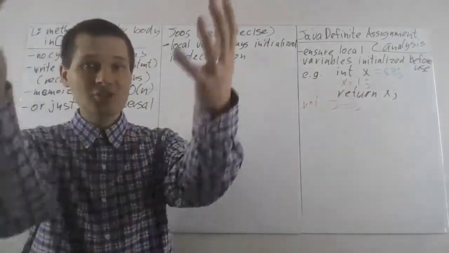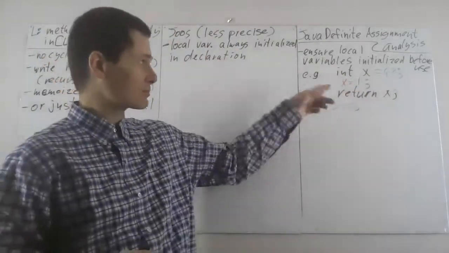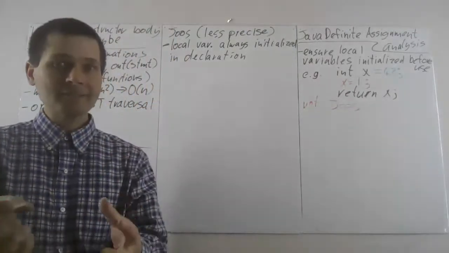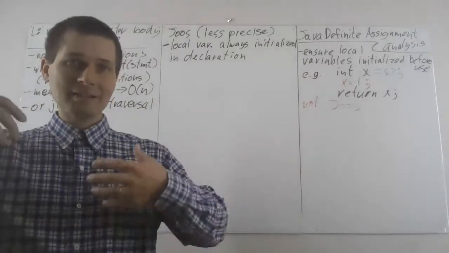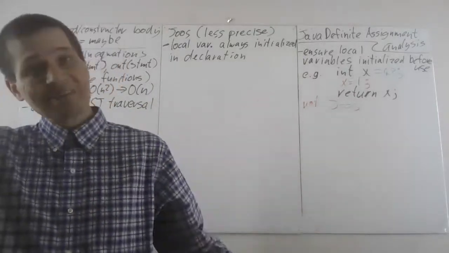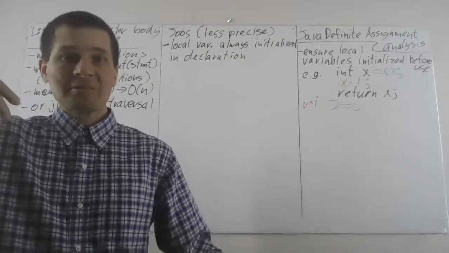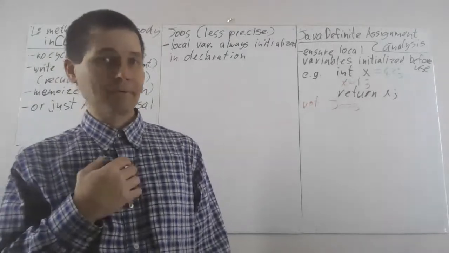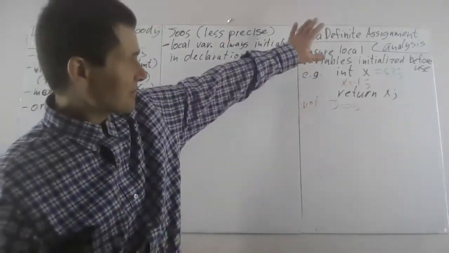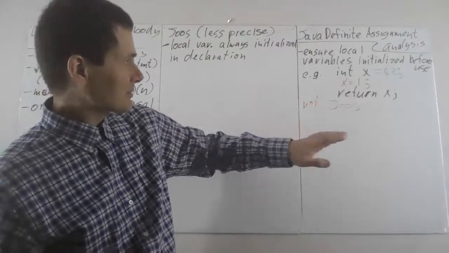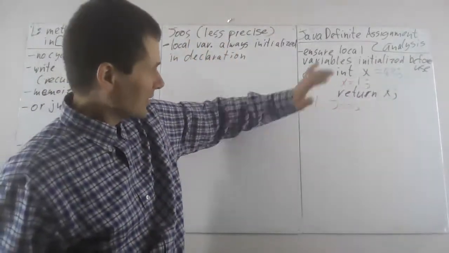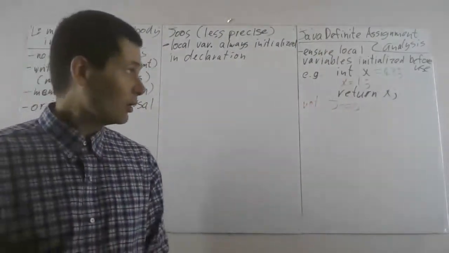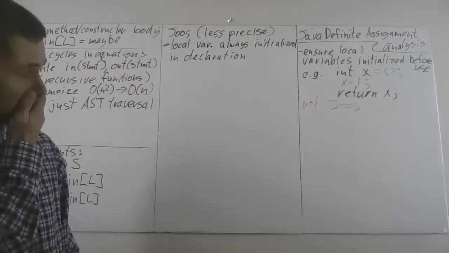And the Java analysis can figure out that this program is safe, whereas the JUICE analysis says maybe. It says it could be safe, but I'm not sure, so I'm going to reject it to be on the safe side. So JUICE is going to say, no, you can't write this program without the 42, even though the program is okay, but Java would give you more flexibility. It would allow you to write the program.